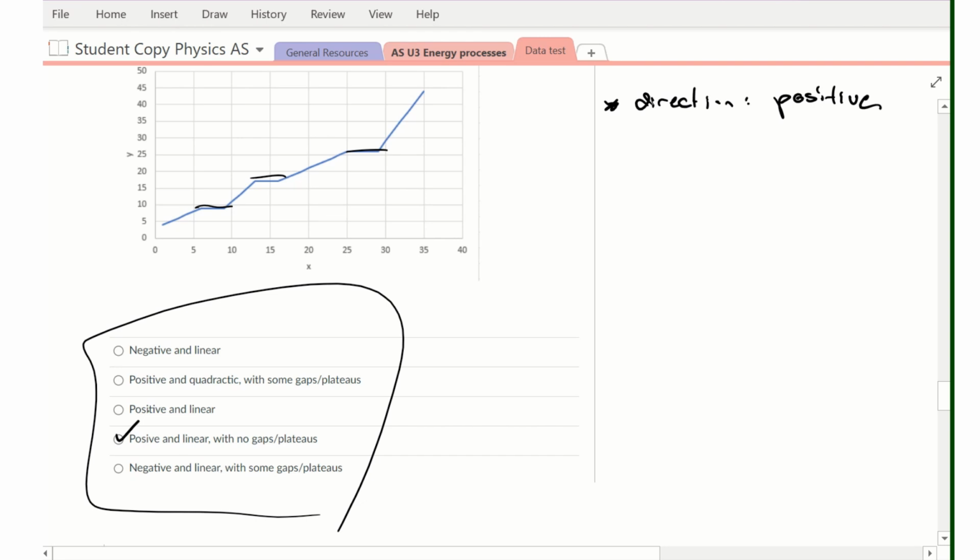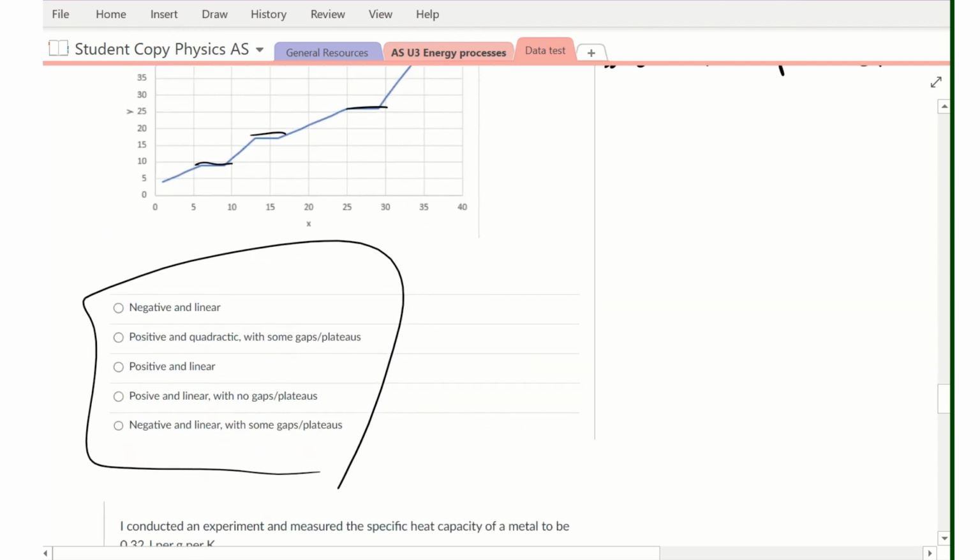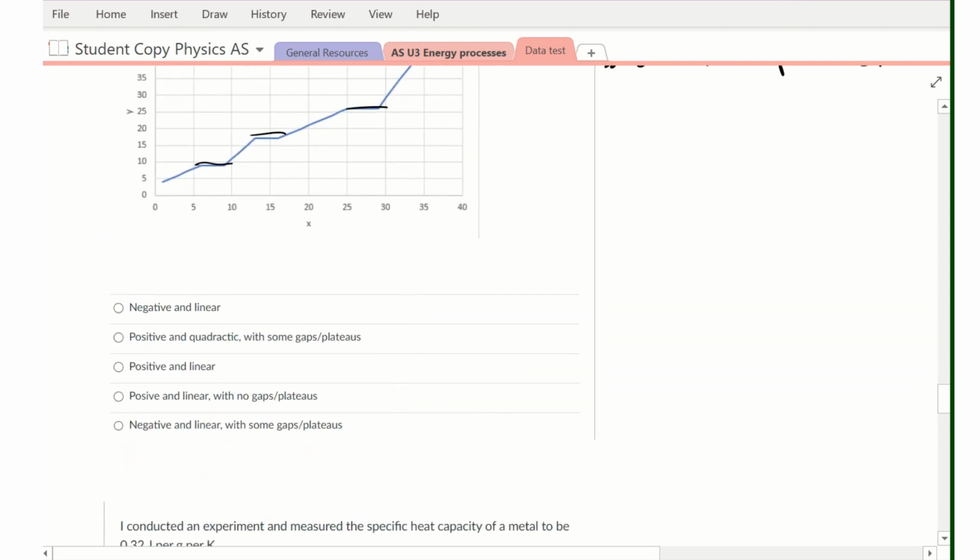So I'm going to say that this is positive and linear. Oh, not with no gaps. I think I've cut off the screenshot. That's okay. The correct answer would be positive and linear with some gaps or plateaus. Tick. And that's what it would be.